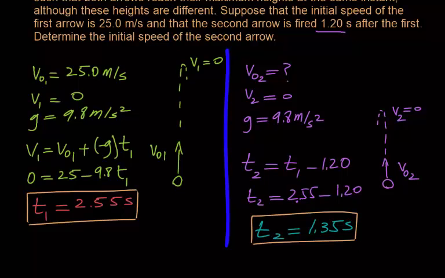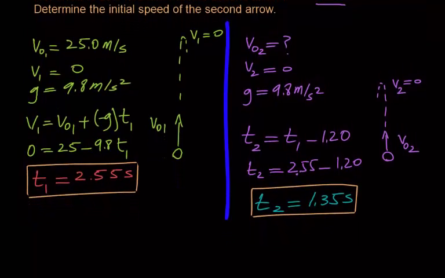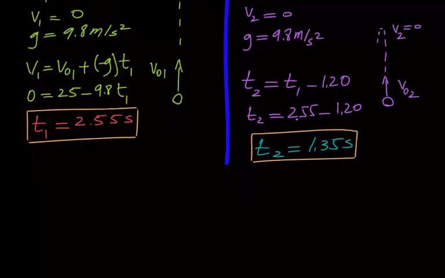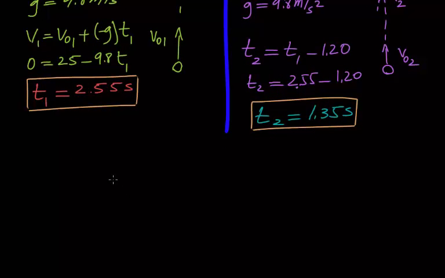Now that we know the time t2 it took the second object to reach the highest point, it's very easy to solve for the initial velocity. The final velocity equals initial velocity, that's for 2, right? Plus negative gt. The final velocity we all know is going to be 0. The initial velocity is what we're solving for.